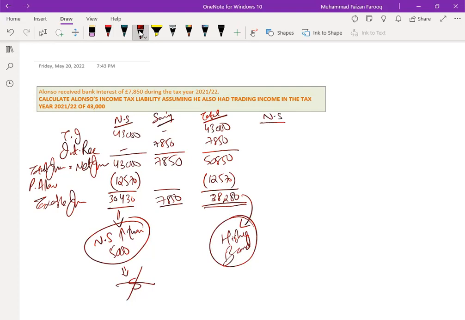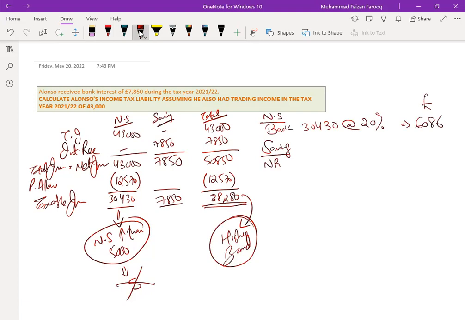Non-savings of 30,430 fall under the basic band at the rate of 20%. The answer will be 6,086. Now the next is savings. The savings start band will not come, but what's next?